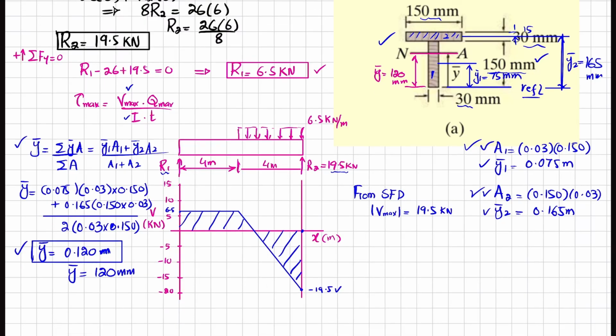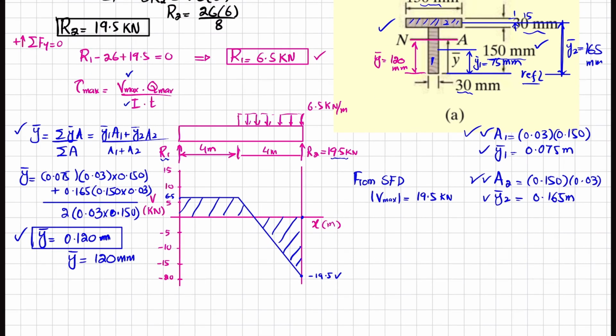Now what we will do is that we will find moment of inertia I. So for I we have formula by using parallel axis theorem. So for first element, this one, we have 1 over 12 B1 H1 cube plus area A1 into D1 square plus moment of inertia of the second, which is 1 over 12 B2 H2 cube plus area into D2 square. Clear?